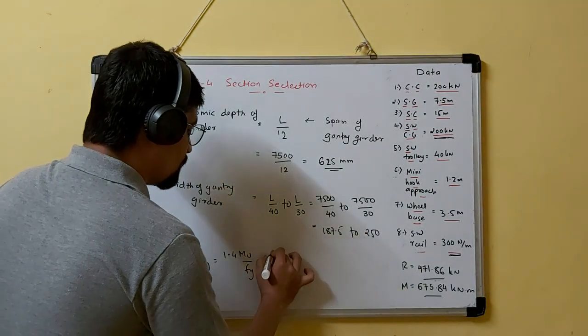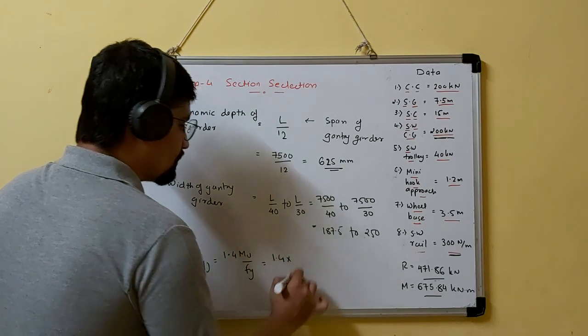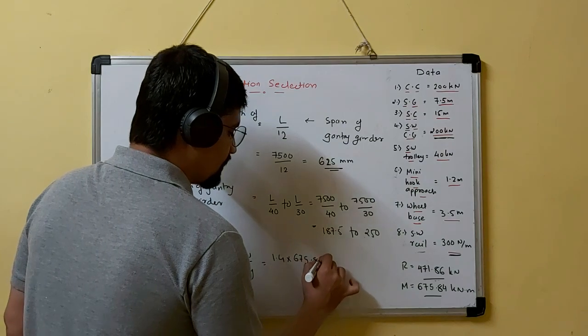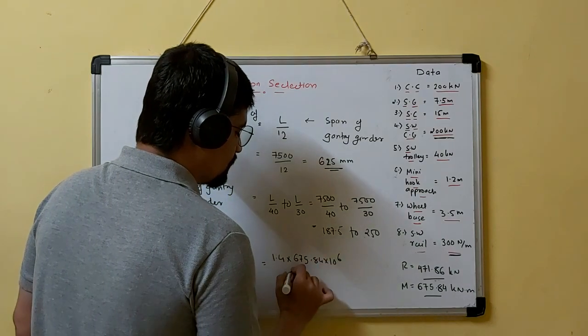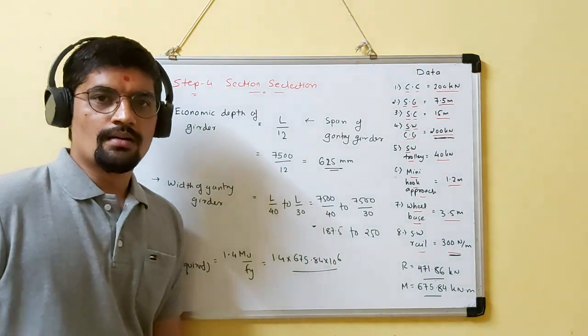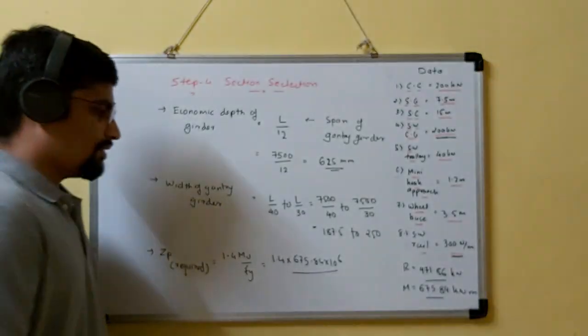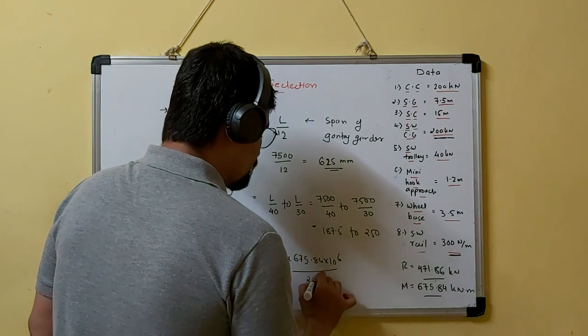So 1.4 into 675.84 into 10 raised to 6, which is the maximum bending moment due to wheel load, divided by Fy, 250.